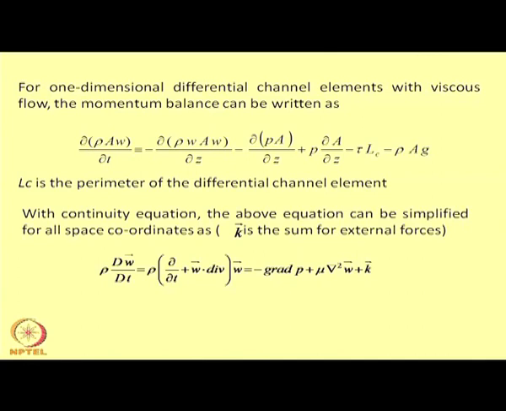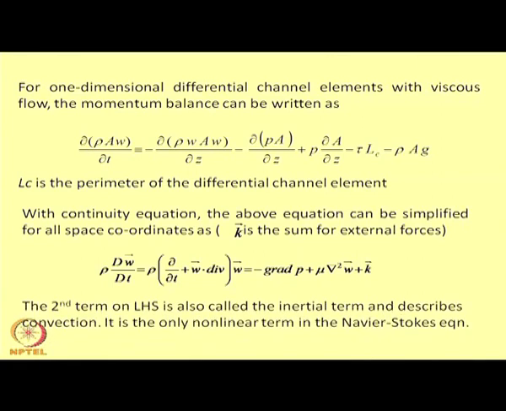So, by incorporating the continuity equation, this equation can be simplified, and the compact expression for momentum transfer, as we all know, can be obtained. The second term on the left hand side is called the inertial term, and it describes convection, and the second term on the right hand side denotes the viscous forces.